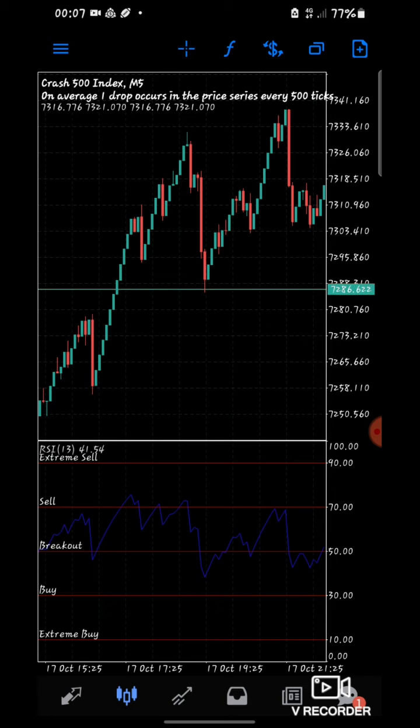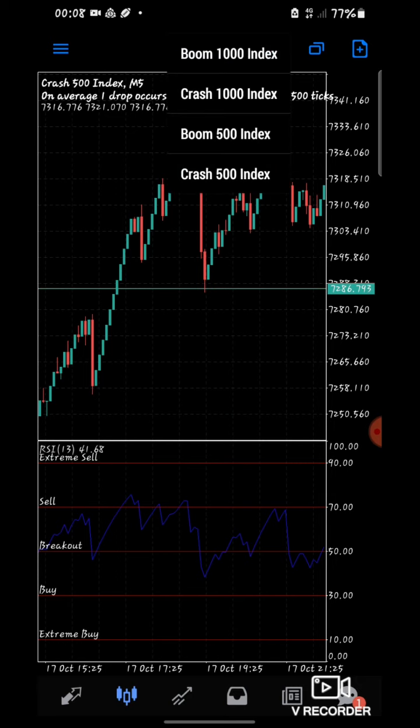You can enter with a big lot size and make your profit and leave. Don't be greedy, guys. Don't stay long in the market. If you take 2 or 3 spikes, it will be okay for you. You'll be in enough profit, so you shouldn't be greedy. The same thing applies to boom markets too.